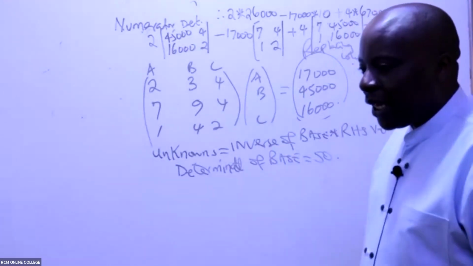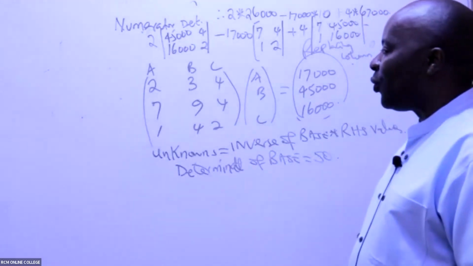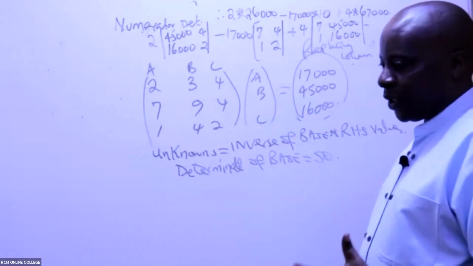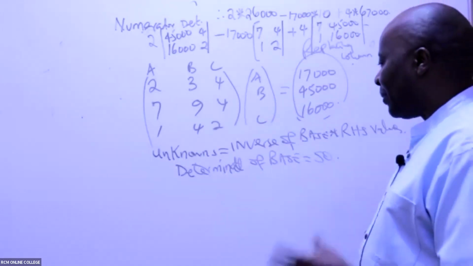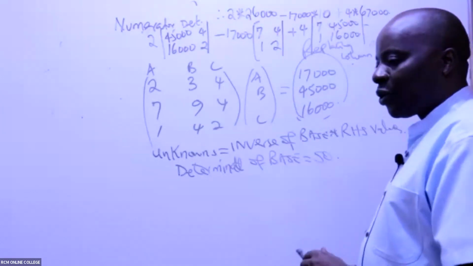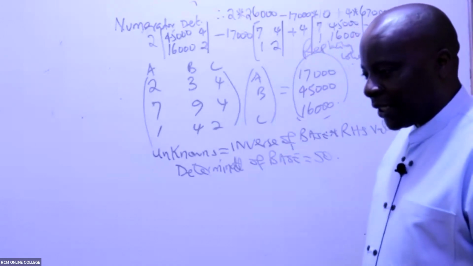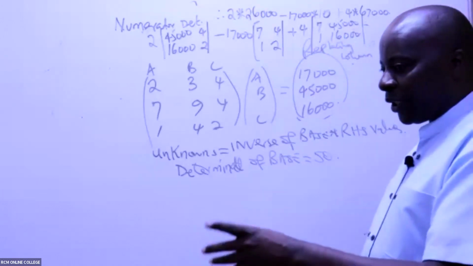Now from there, we go ahead and find what we call the minors, isn't it? We find the minor matrices. Determinant of the base, that is okay. So come and give us the minor. Then we inverse. We can as well follow that method.